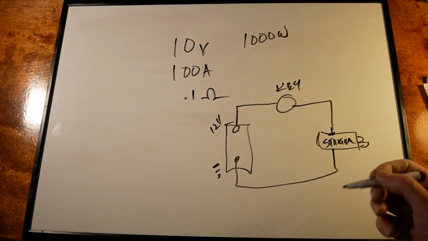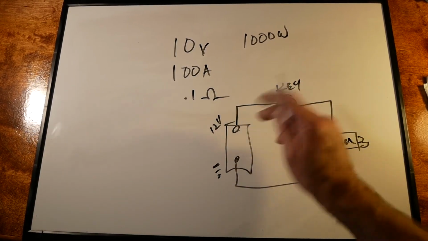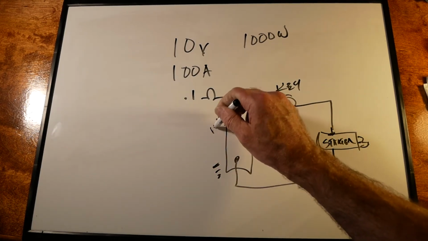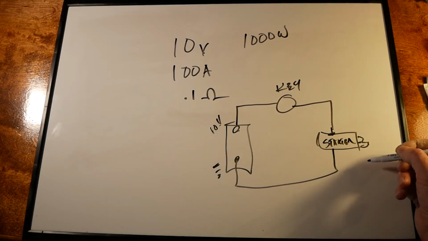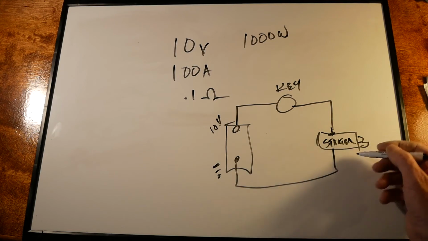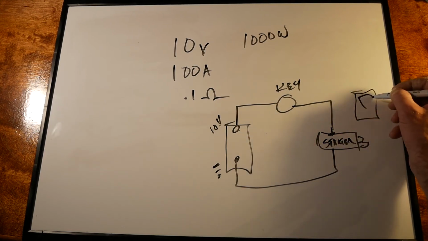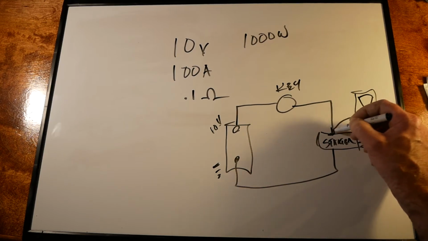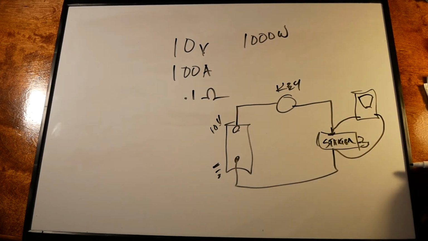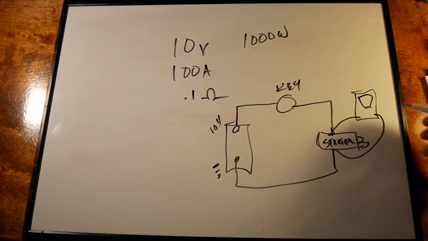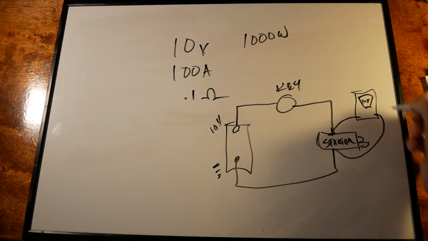And when we hit the key, our source voltage becomes 10 volts, and all of that voltage is dropped across the starter. So if we were to take a DVOM and we were to measure the voltage drop across that starter, we would measure 10 volts.